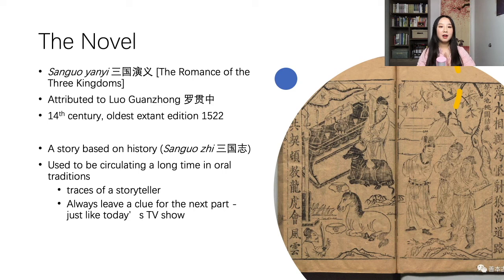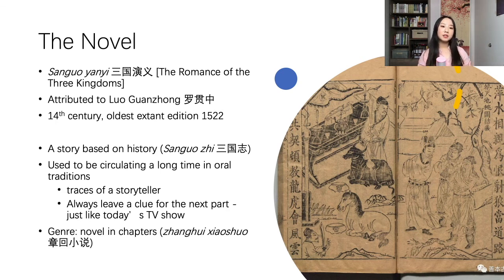And because of this oral tradition, this novel always leaves a clue for the next chapter. So at the end of each chapter, it'll say, let's wait for the next chapter to explain. Just like today's TV show, it will stop right at the climax of a very dramatic scene and attract you to watch more.